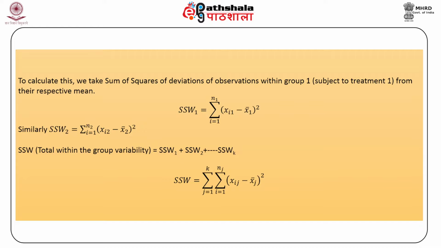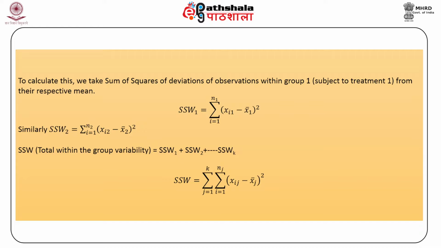So we define SSW1 equal to the summation of xi1 minus x1 bar square, and the summation is of i from 1 to n1. Similarly, you can define SSW2. Now the summation is over i from 1 to n2, and we have xi2 minus x2 bar whole square, which are the squares of the deviations.